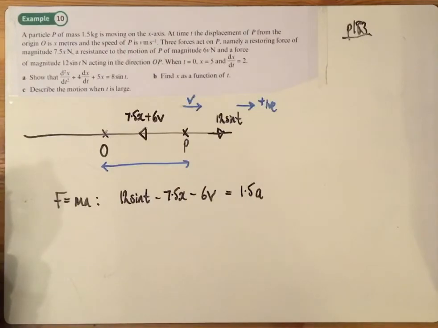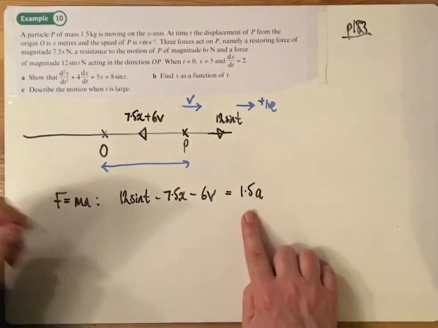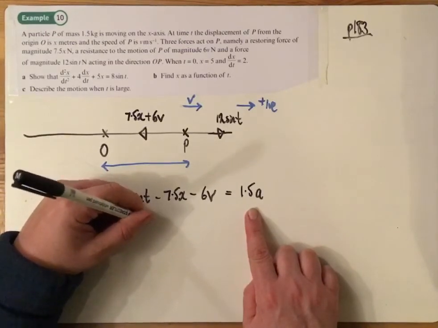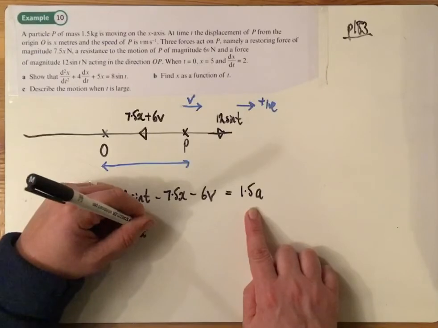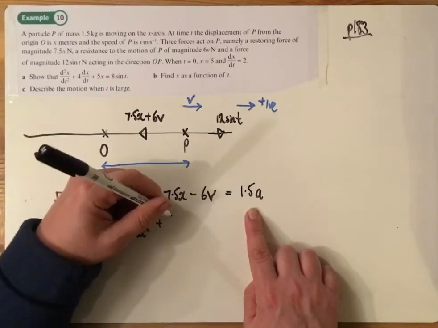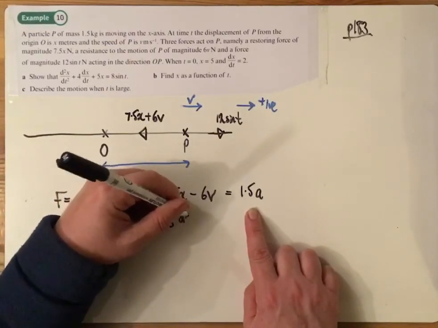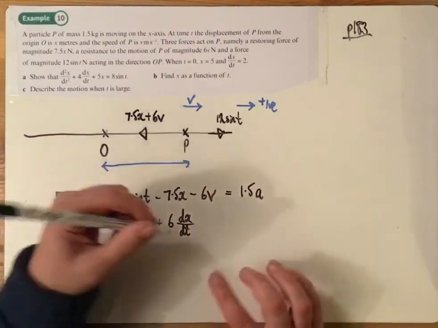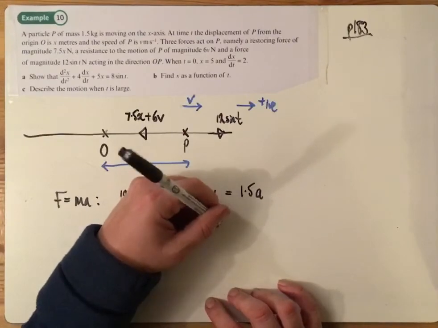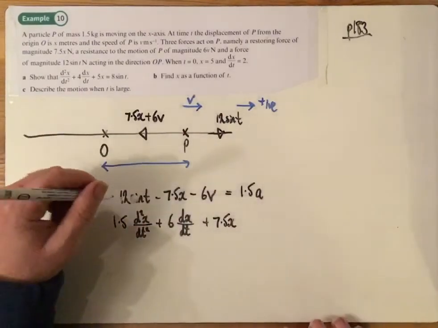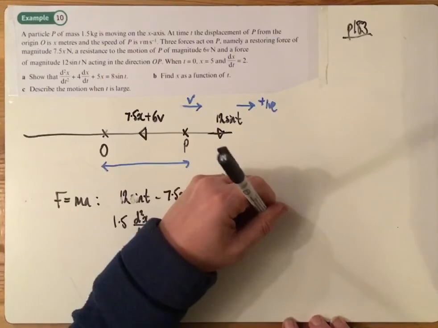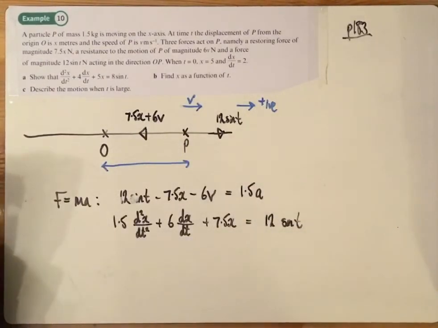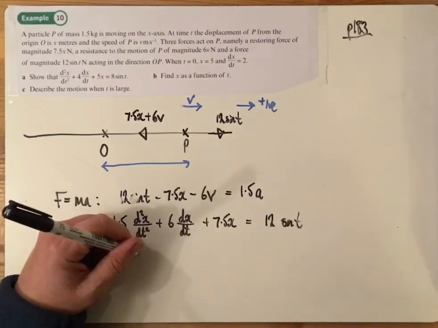And then turning this into a differential equation, I've got 1.5 times the acceleration plus 6 lots of the velocity plus 7.5x equals 12 sine t, and then dividing through by 1.5.